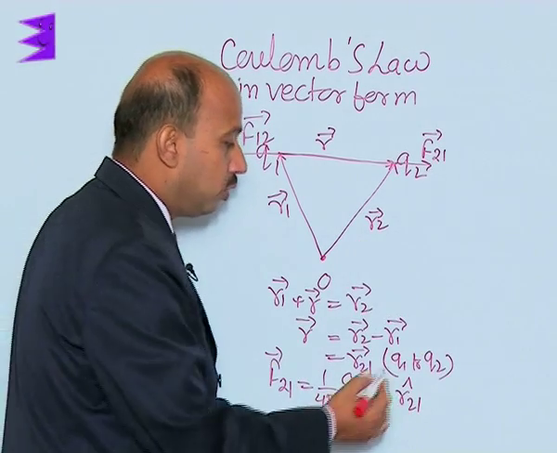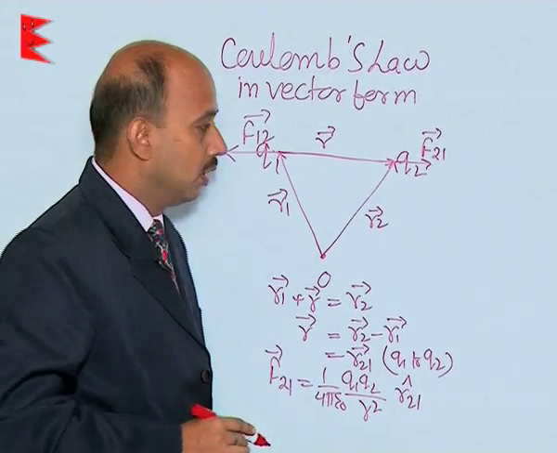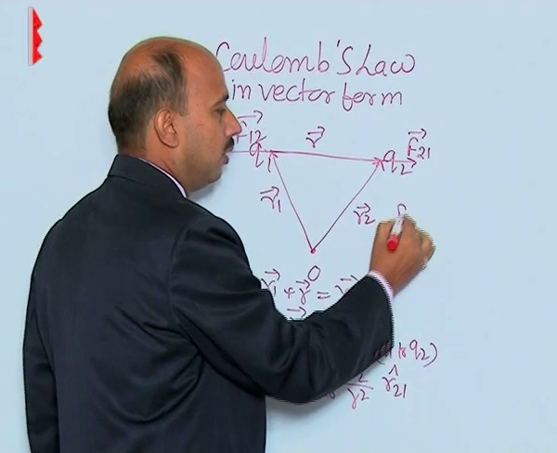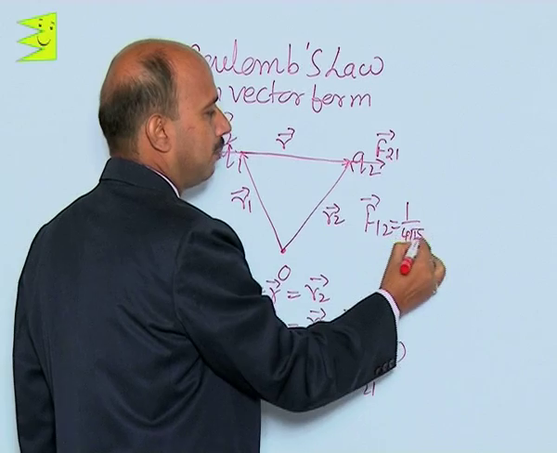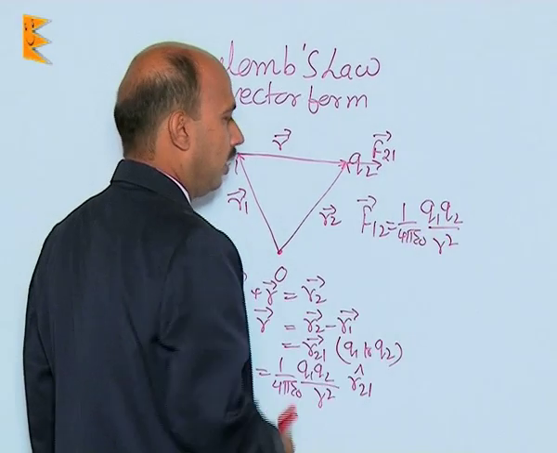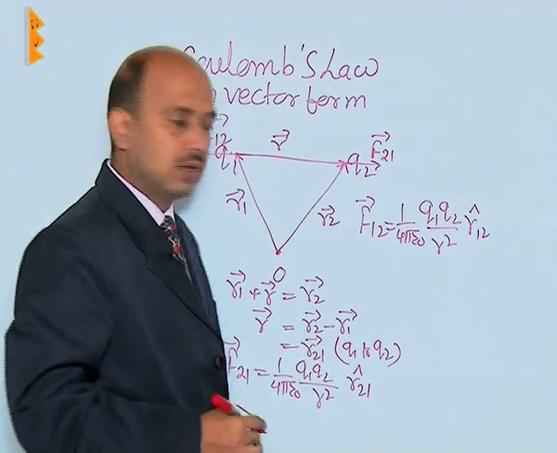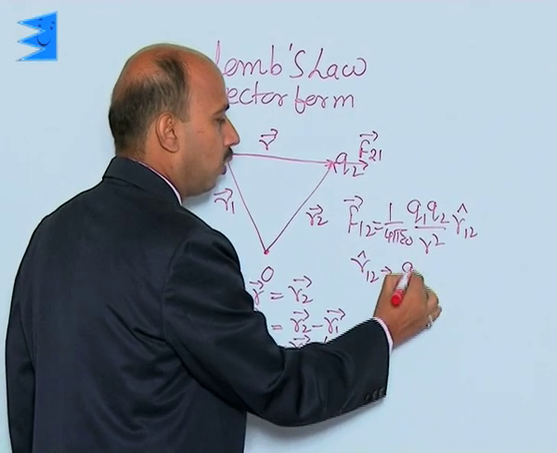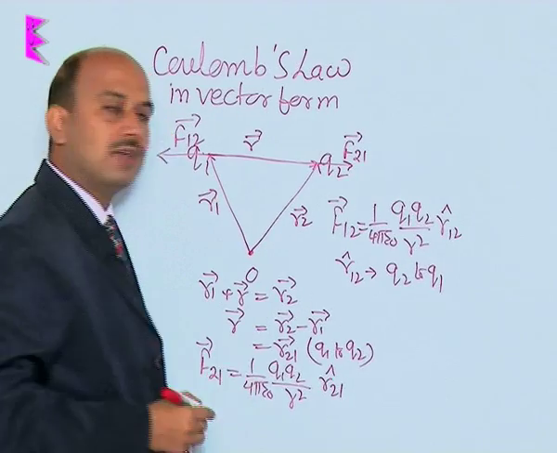So see here, r21 direction is from q1 to q2. Similarly, we can write F12 is equal to 1 upon 4 pi epsilon naught q1 q2 upon r square, and here we write r12 unit vector. r12 unit vector means direction is from q2 to q1, from this to this side.